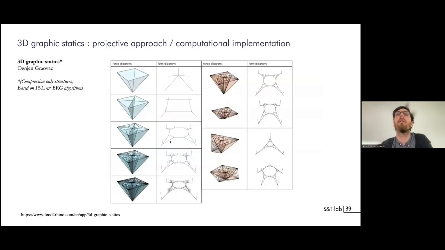Then there is a tool that exists already for a few years online on Food4Rhino, and that is quite used, and it's called 3D Graphic Statics, and it's developed by Ognjen Kostić. Maybe a small piece of information on this tool is that it's working with compression only structures, and it's using the algorithms and the theory developed by PSL, so UPenn, and BRG, so Block Research Group.